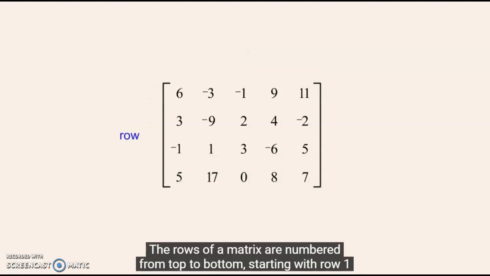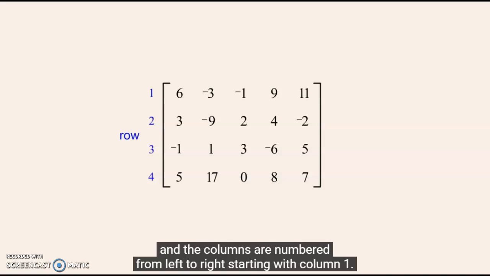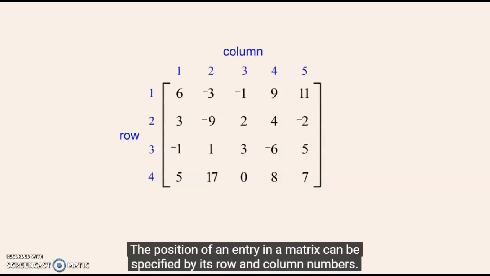The rows of a matrix are numbered from top to bottom, starting with row 1. And the columns are numbered from left to right, starting with column 1. The position of an entry in a matrix can be specified by its row and column numbers.